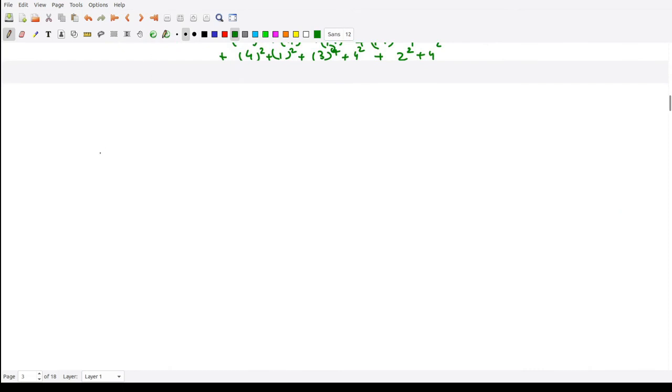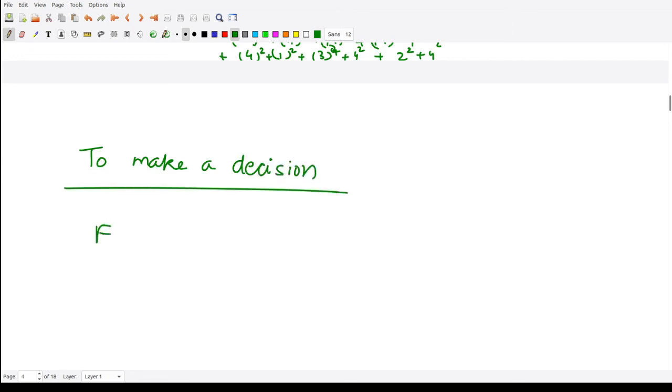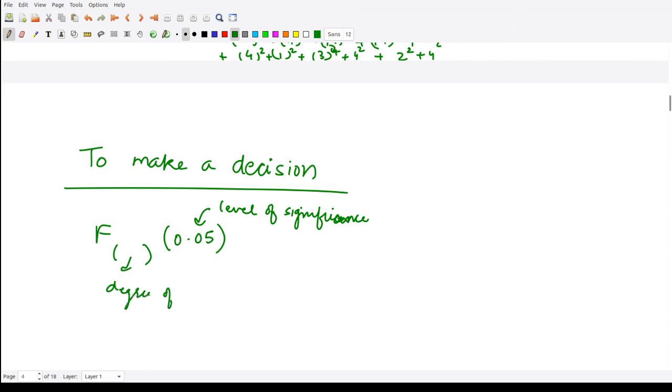So to make a decision, we will look at the value of F at the degrees of freedom at 0.05 level of significance. This is the level of significance, and this is the degrees of freedom.